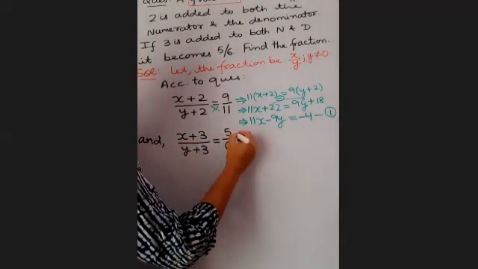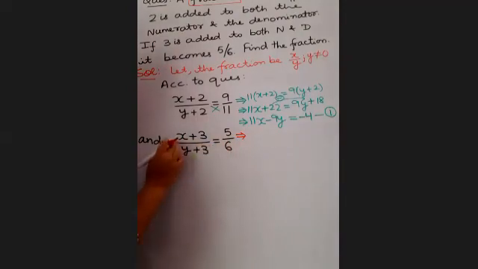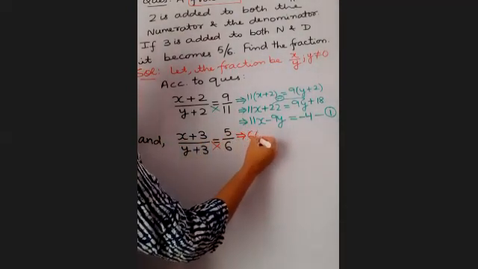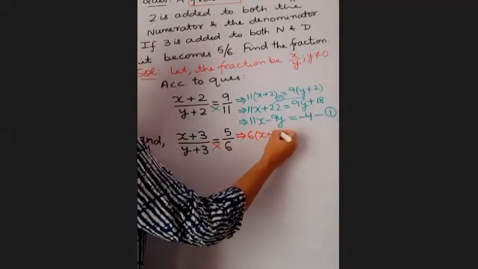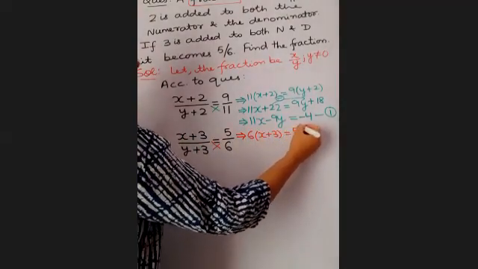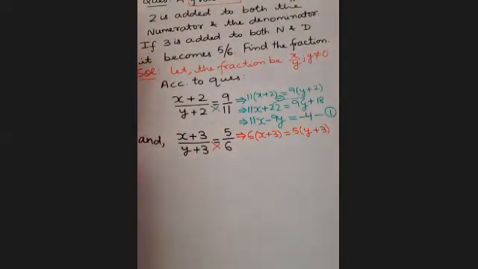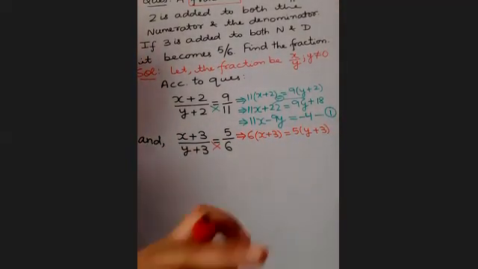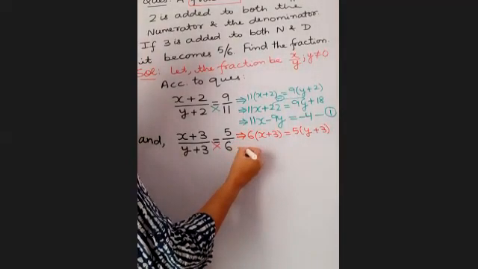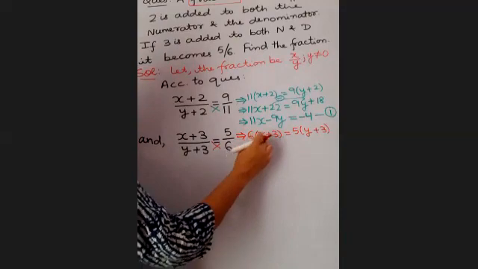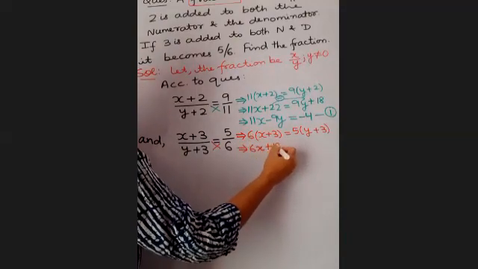Likewise, from here, what do you get, beta? Again, if you cross multiply, 6 times x plus 3 is equal to 5 times y plus 3. Okay? And this would mean 6 multiply x is 6x. 6 into 3 is 18.